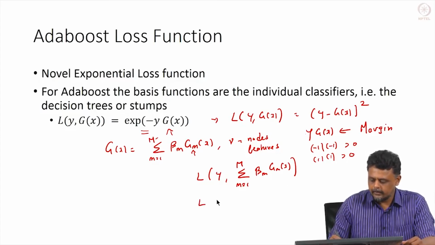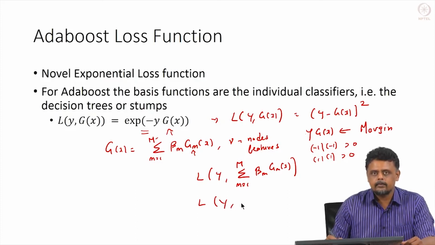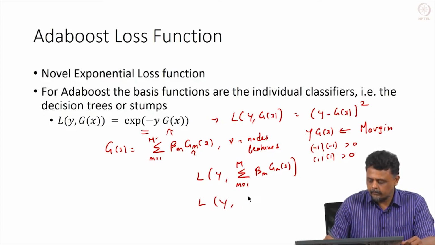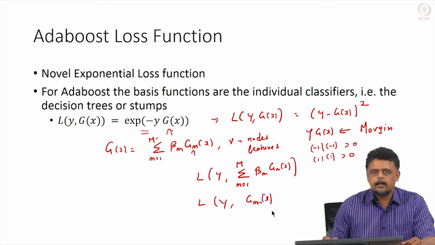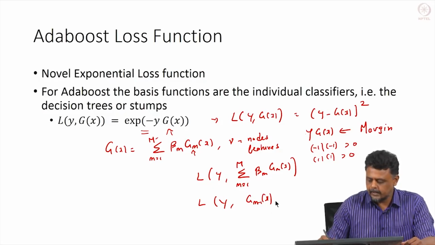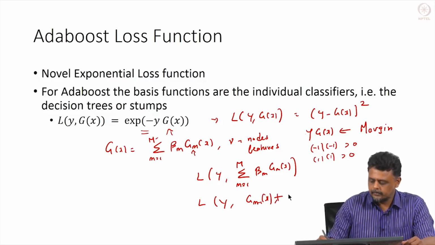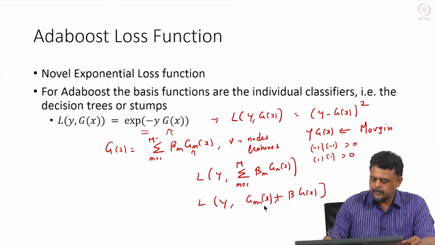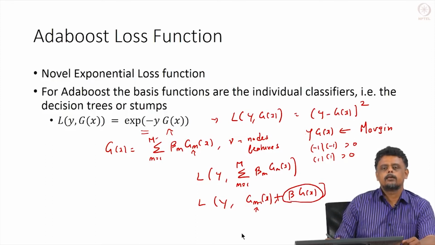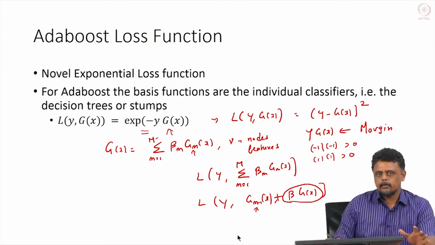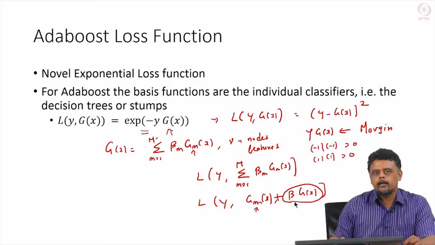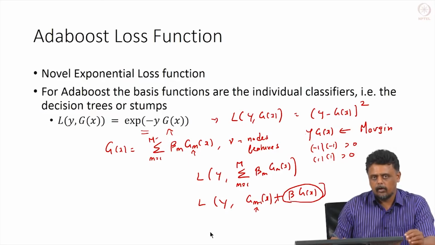So, that is why we take as input of course your y's, this is the ground truth, and since it is an additive model, we write g of m minus 1 of x plus some beta times g of x, and we do not touch any of the parameters here, but only estimate the parameters corresponding to this, okay. So, that is the idea behind using this additive stage wise modeling, okay.